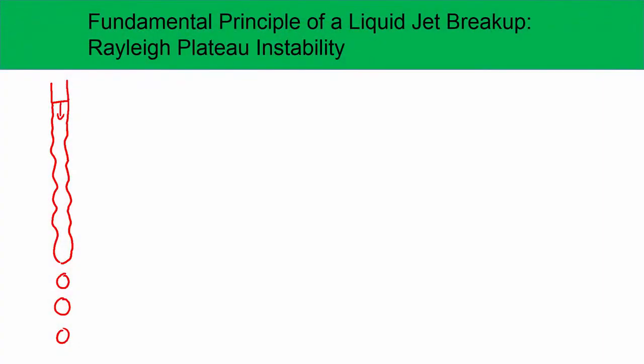This is how the jet breaks up. But the equilibrium state, if there was no instability, of a segment of this, if I zoom it up here, would have been something like this. It is a cylinder.